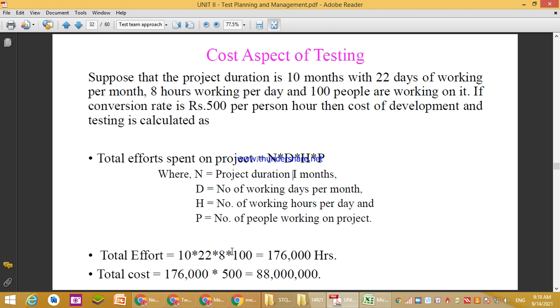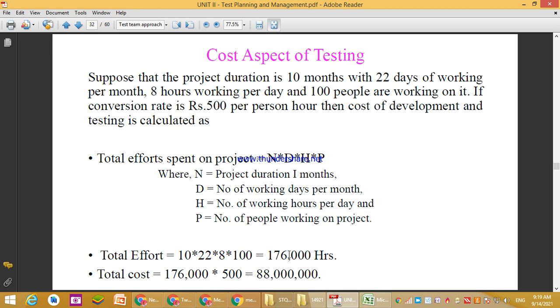Then 8 means 8 hours per day working, and 100 people. When we multiply it, the output is 1,76,000 hours. It means how many hours are required for a specific software application testing purpose.